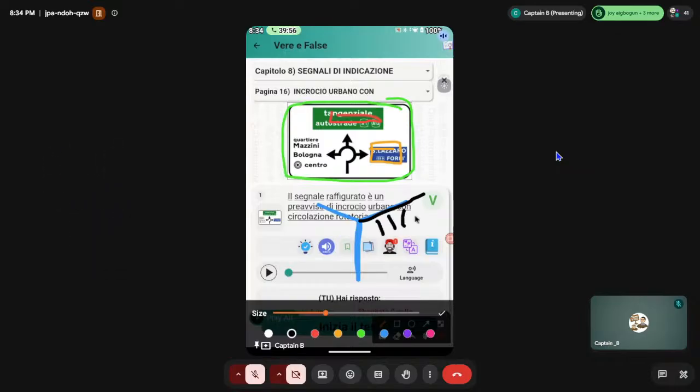For extra urbana secundaria, the second one, the speed limit is 90. But both of them are coming out from extra urbana, not urbana. Okay? Yes, sir. Thank you.